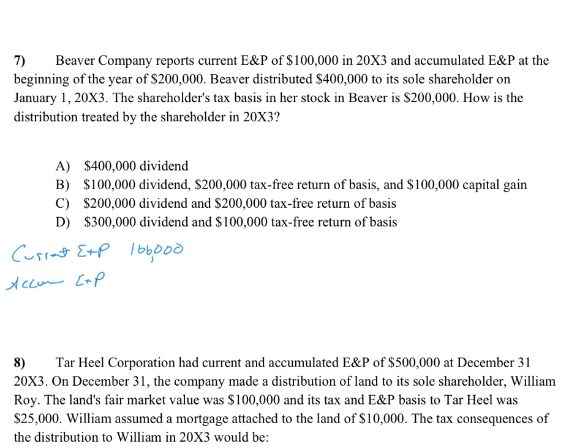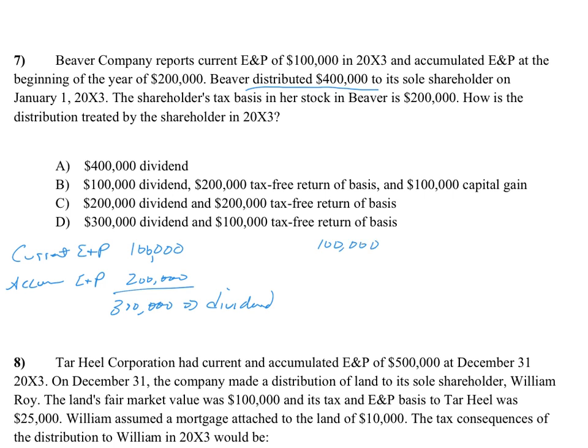Our accumulated E&P at the beginning of the year is 200,000. So our total E&P was 300,000. Okay. So we know that 300,000 is a dividend, okay? But they distributed 400,000. So the question is, how is that other 100,000? So 300,000 is a dividend.